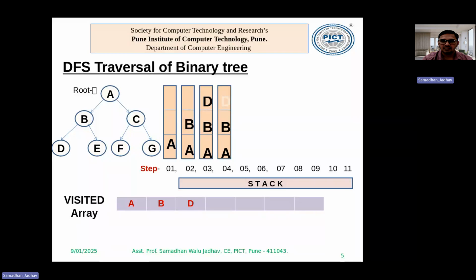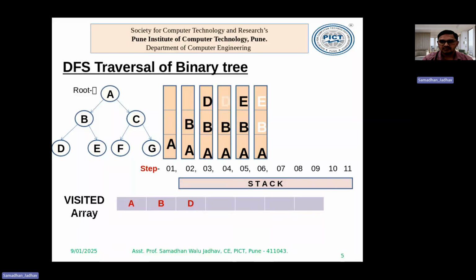So push E onto the stack and copy E into the visited array. After this, as E is a leaf node, it does not have children, so pop E from the stack. Similarly, the next node on top of the stack is B, whose both children, D and E, are visited already. So pop B also from the stack.